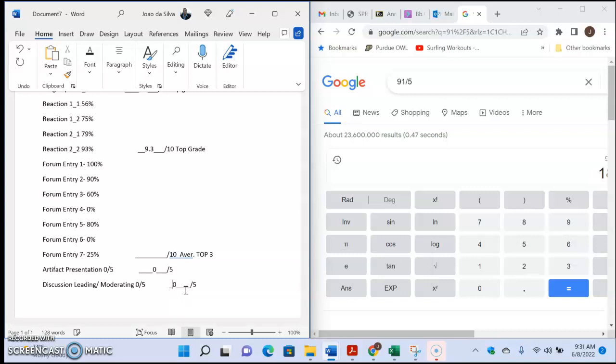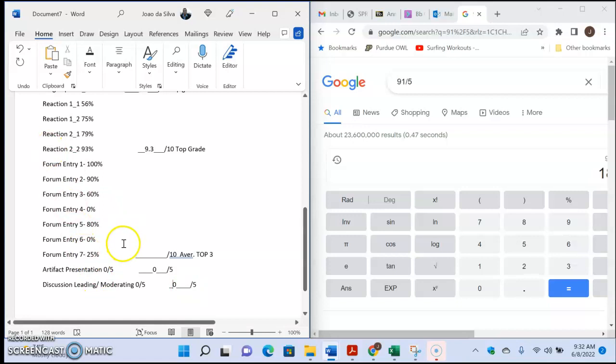The student was not a discussion leader and did not post a summary. You can get up to 5 points. For example, if you don't do the summary, but you monitor the discussion and you post the question, you can get 2 or 3 points for that. In this case, the student got 0.